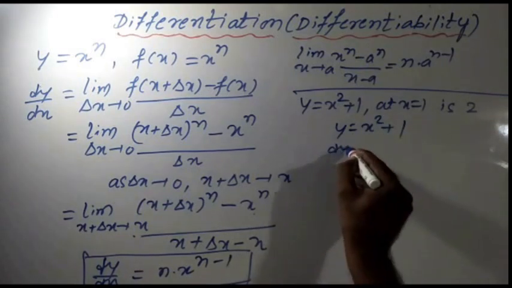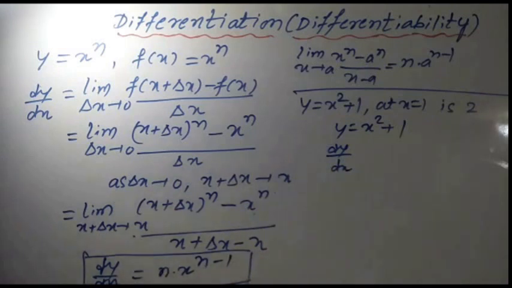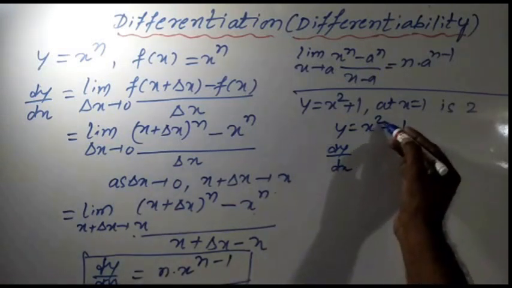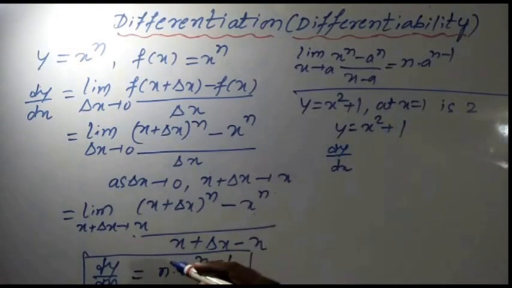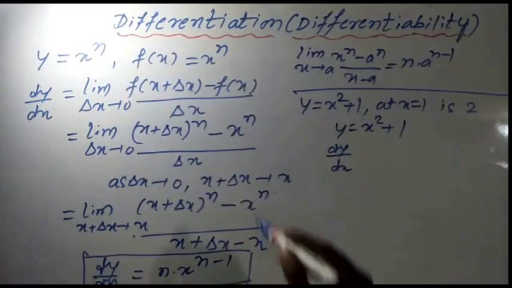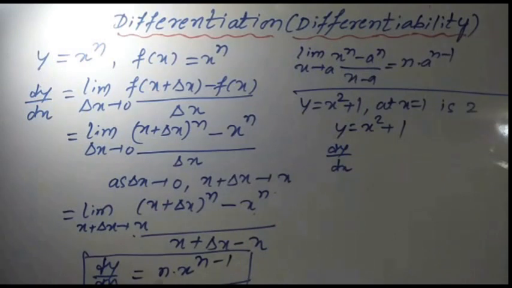dy by dx is equal to the derivative of x square. The derivative of x to the power n is n into x to the power n minus 1.